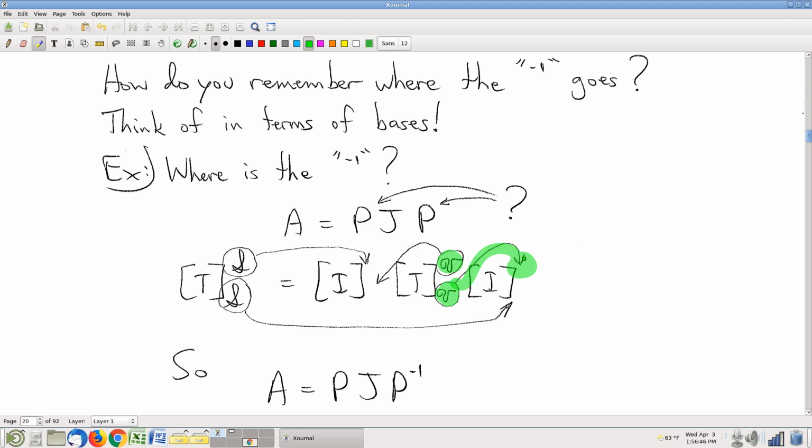That's got to be the same as that, just like in the previous case. So right away, just thinking about what bases you already know are being used for A and J, that tells you what the change of basis matrices are on either side that you're conjugated by.